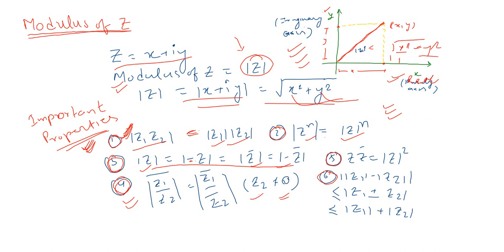You should always remember it, because it is going to be used in many numericals and in many theorems and proofs in later chapters. Next, mod of z1 minus mod of z2 is less than or equal to mod of z1 minus z2, which is less than or equal to mod of z1 plus mod of z2.